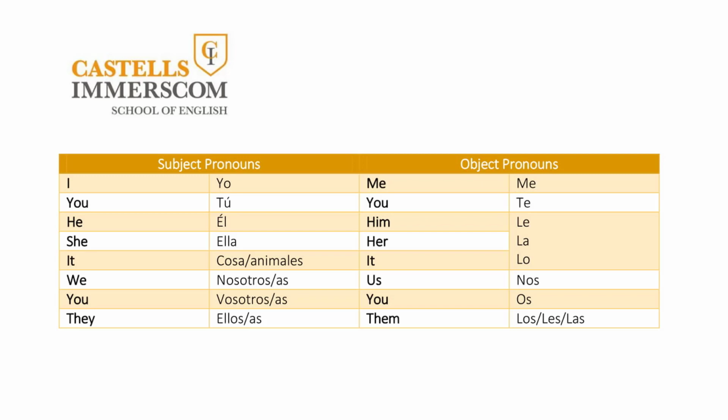Okay. Also important to note that in English, the pronouns come after verbs and prepositions, whereas in Spanish, this is not the case. In Spanish, you've got two forms. You can say, for example, me puedes ayudar, or you can say, puedes ayudarme.